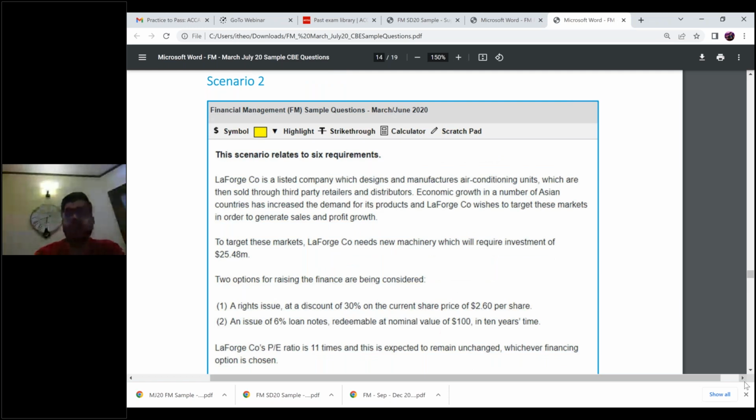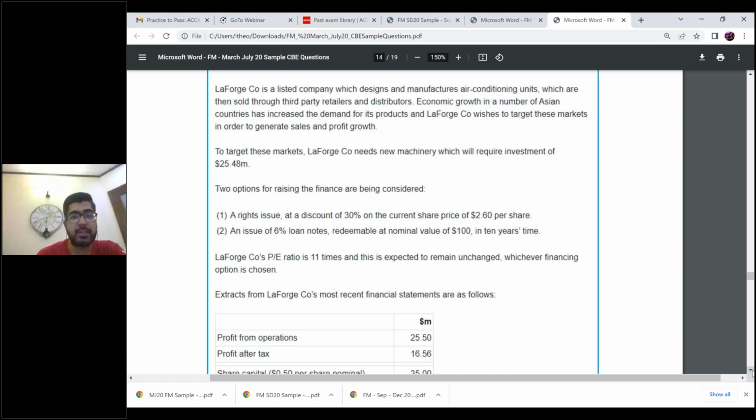Laforge Company is a listed company which designs and manufactures air conditioning units, which are then sold through third-party retailers and distributors.